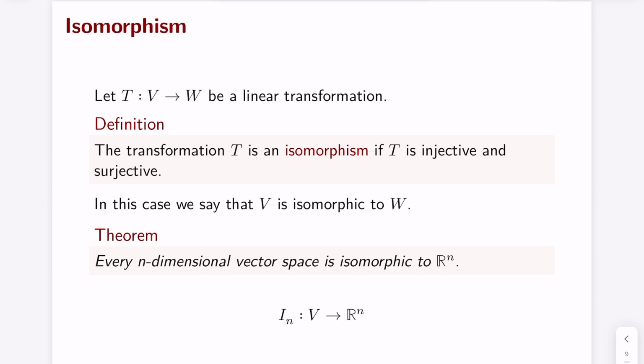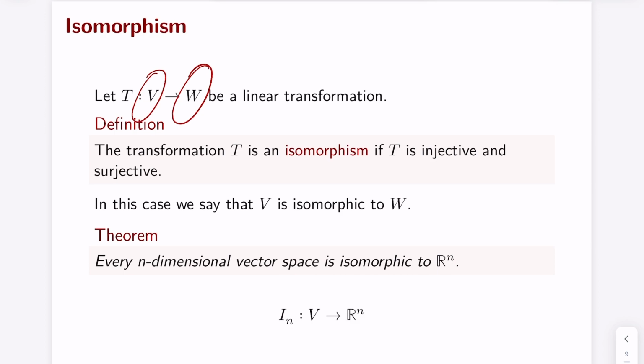And when there is an isomorphism between V and W, we are going to call these spaces isomorphic. These are going to be very important. Isomorphic means that they have the same form, so that essentially they are the same.